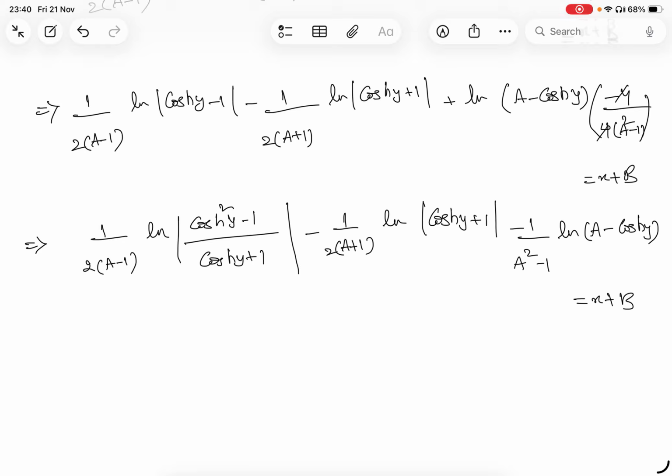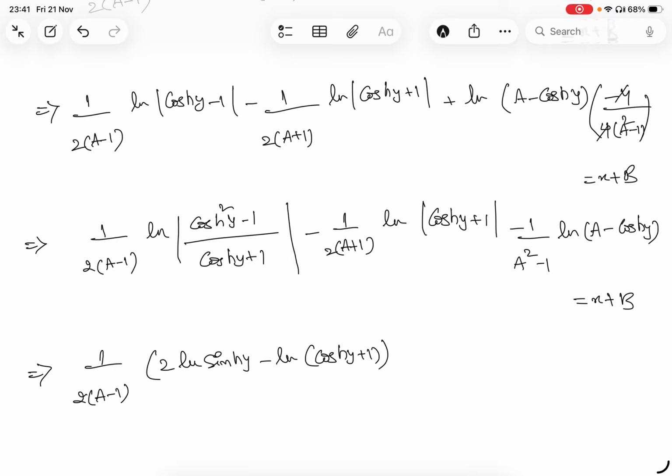Now you need to proceed further. This is 1 by 2 into a minus 1, as ln a by b is ln a minus ln b, ln of cos h²y minus 1, which is sin h²y, then which can be written as 2 into ln of sin hy minus ln of cos hy plus 1.